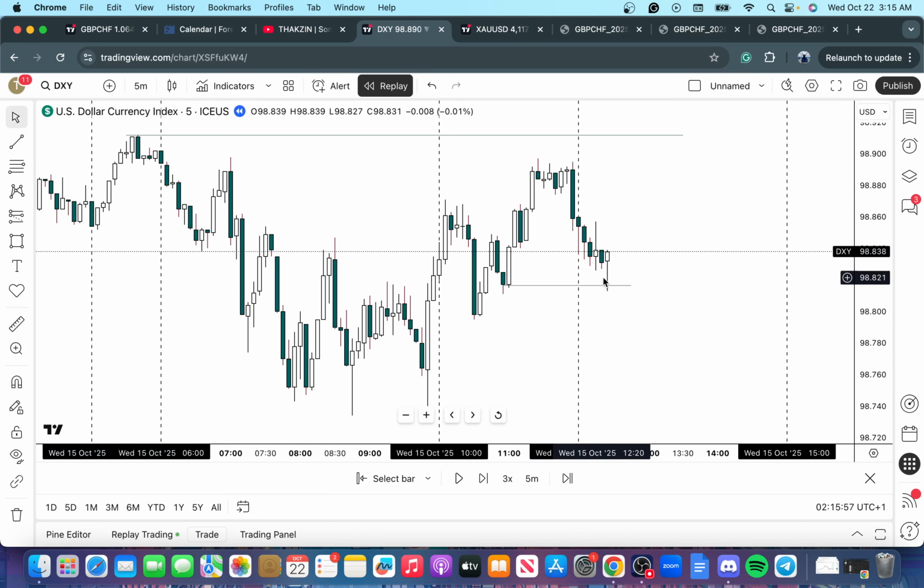Structure break. We expect a retest, we want to see the market sell off because we have the structure break. So now we're confident that price is going to sell off. Let's see what the market does.